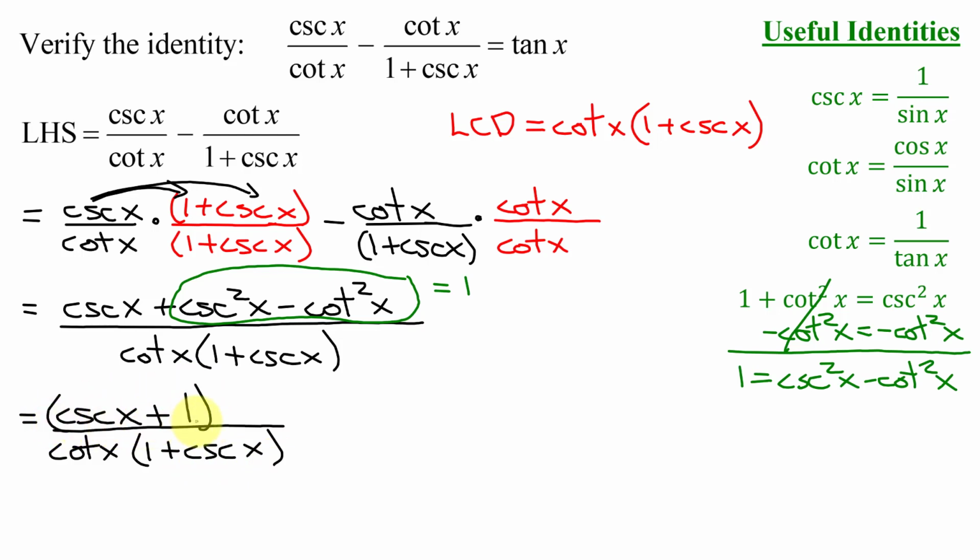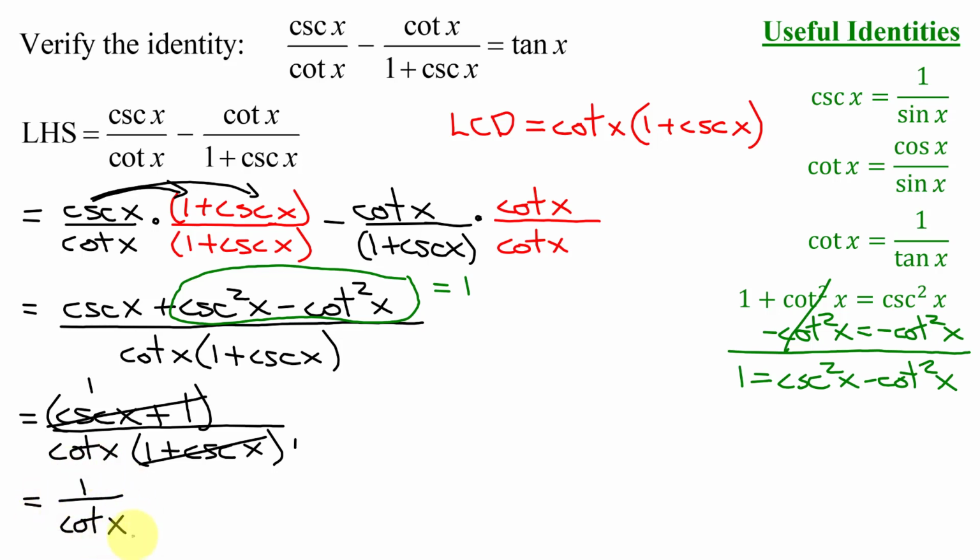This expression in the numerator is exactly the same as this expression in the denominator, as addition is commutative. So these will reduce. I get left with 1 in the numerator divided by cotangent of x times 1 in the denominator, which is just the cotangent of x.